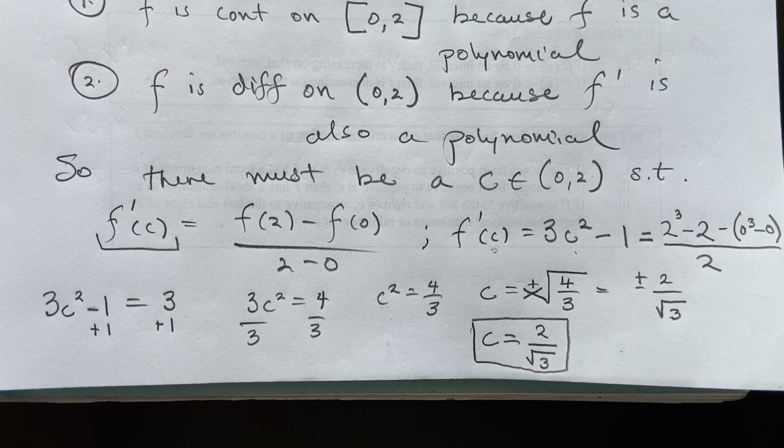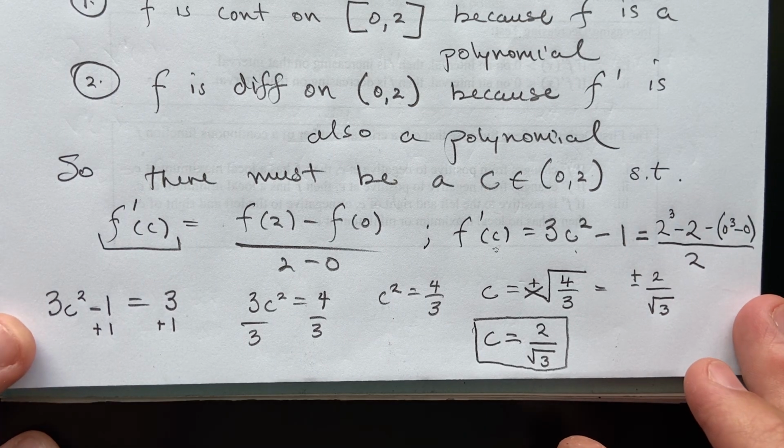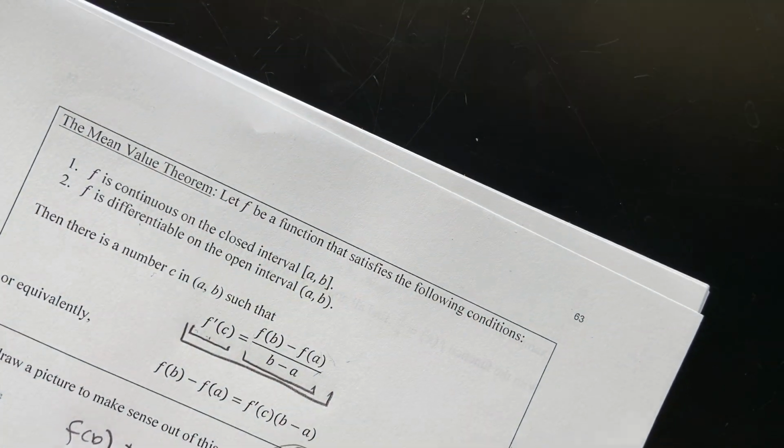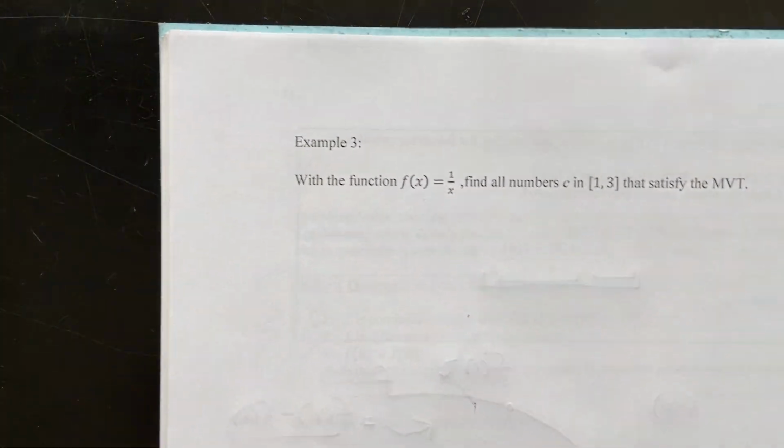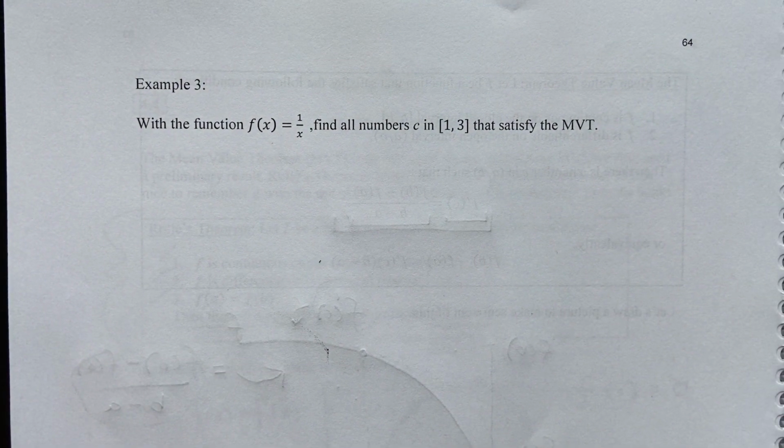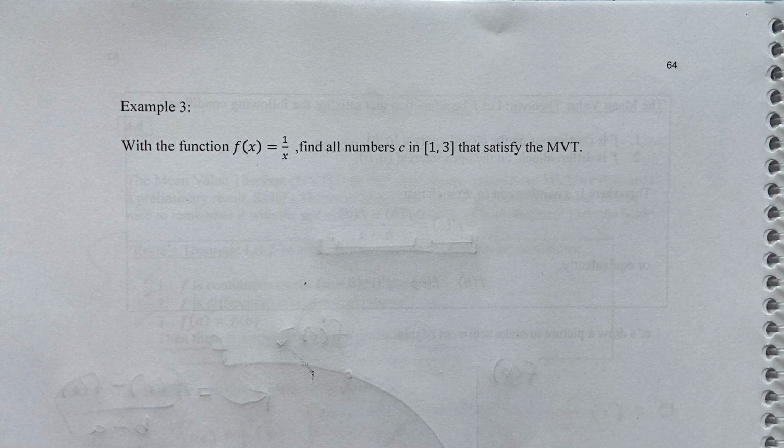Okay. All right. So with that, I'm going to leave example 3 open. So on page 64, you'll go ahead and work on that one. Of course, I'll attach the solutions to all these alongside the video.